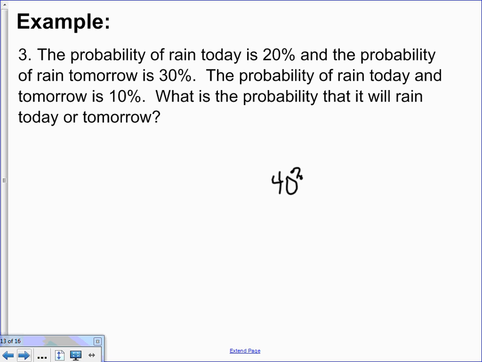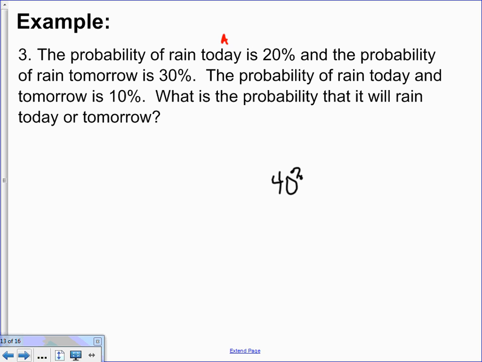Okay, what was troubling to you? Like which ones to put in first. Okay, which one to put in the different probabilities? So one thing you can do when you're first starting out problems like this is exactly what I did in the last example, which is assign A and B and rewrite that whole statement, but put the words in instead of A and B. So we're saying the probability of rain today is 20%.